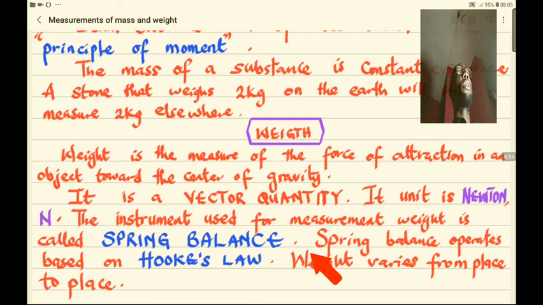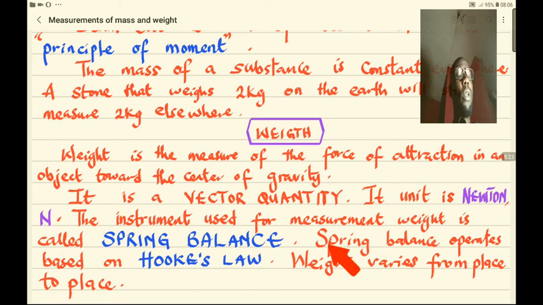The acceleration due to gravity on the earth, for instance, can be taken as 10 meters per second squared, or 10 Newton per kilogram, or you take it as 9.8 meters per second squared, or 9.8 Newton per kilogram. So the weight of an object is not stable, not constant, unlike mass, which is always constant.